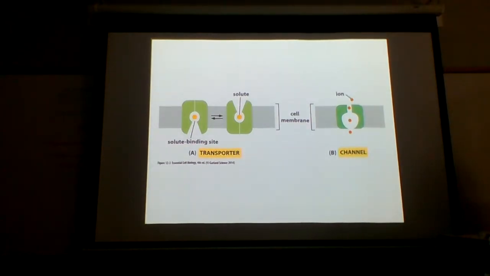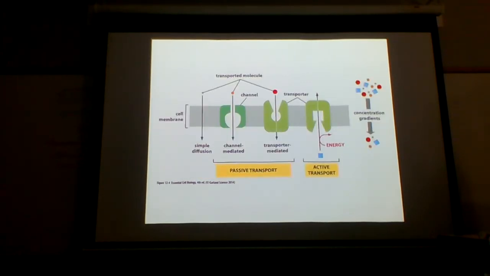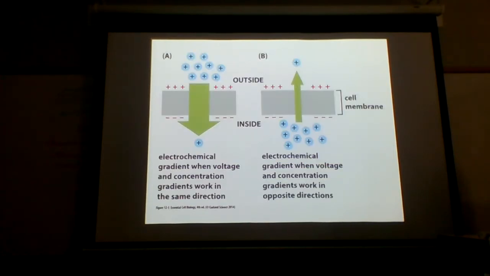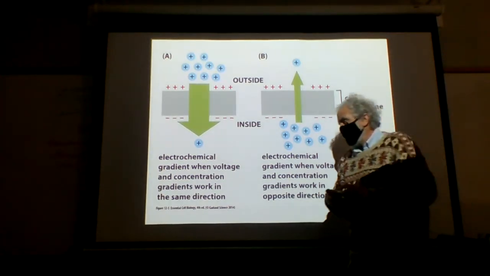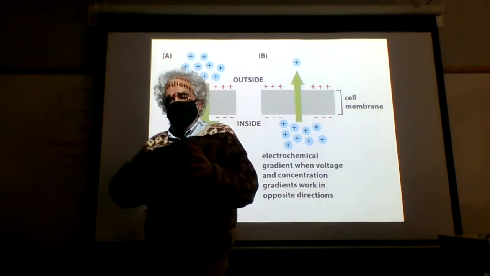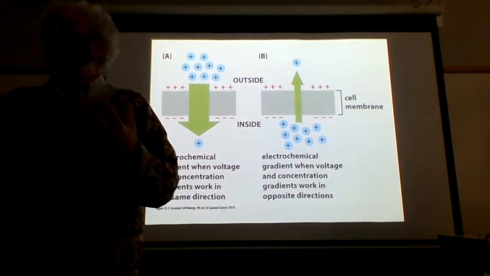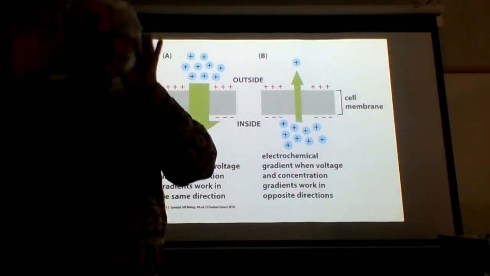So this is the difference between a transporter and a channel, passive transport. So we've got simple diffusion, channel mediated or transporter mediated, and then we've got active transport, but we also can have indirect active transport. Another thing that is part of this whole game is that cells can often be faced with an electrochemical gradient that either you have to overcome or that they can use.